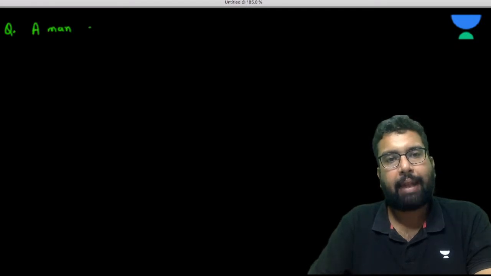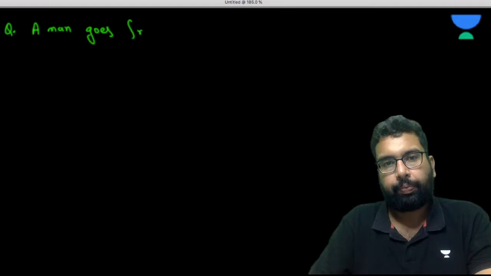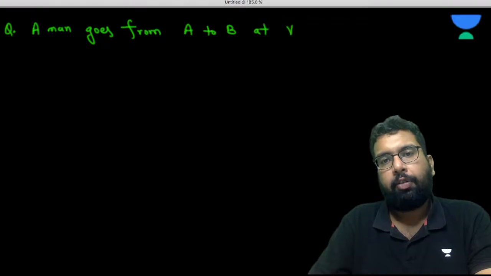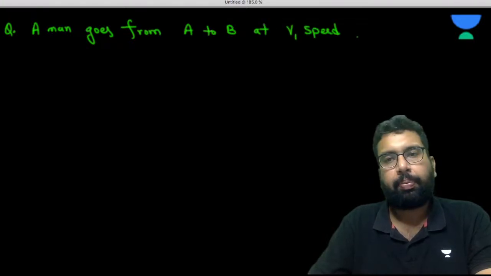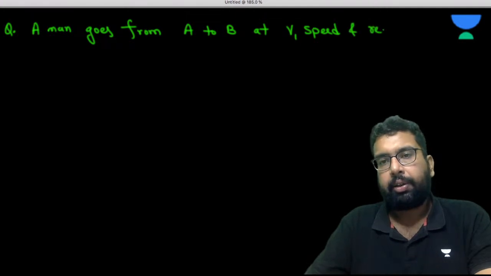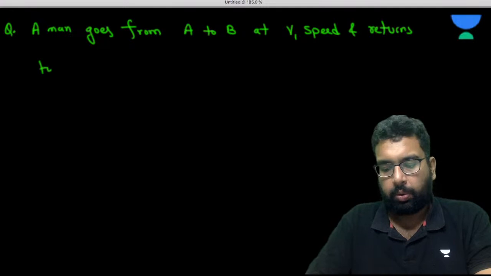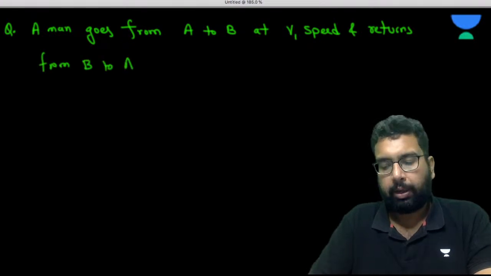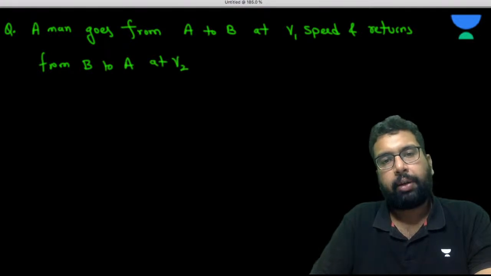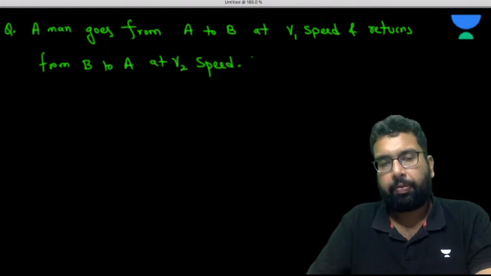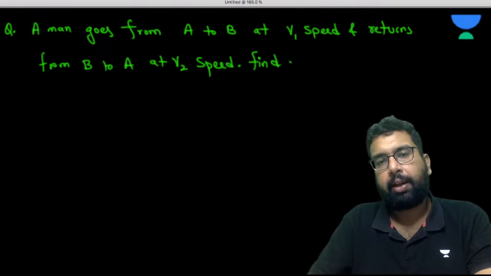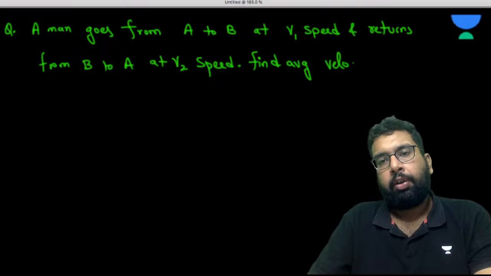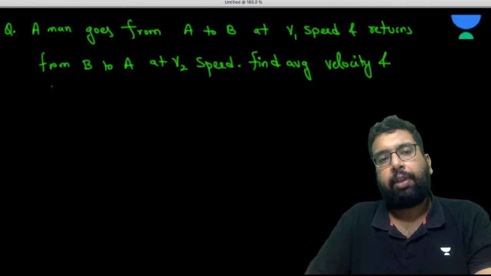So let's say a man goes from A to B at V1 speed, and returns from B to A at V2 speed.